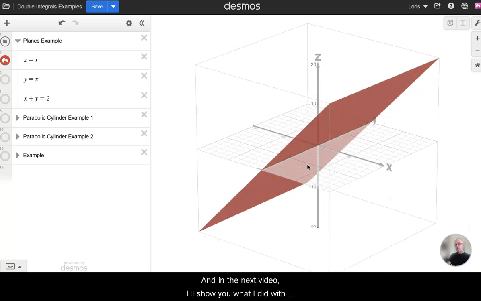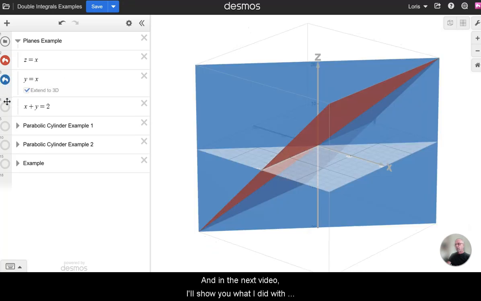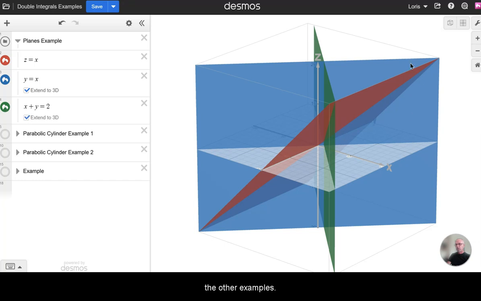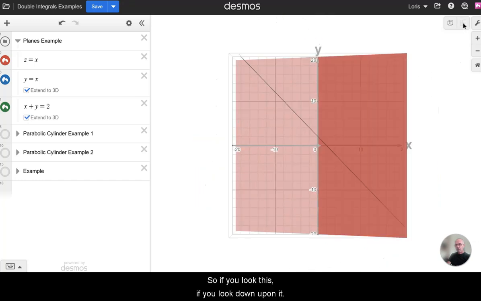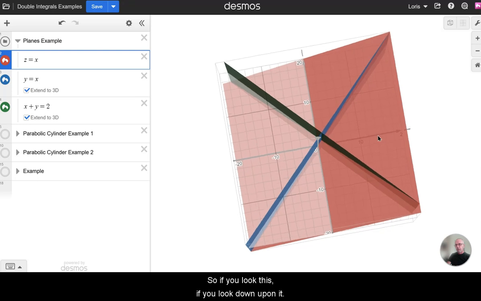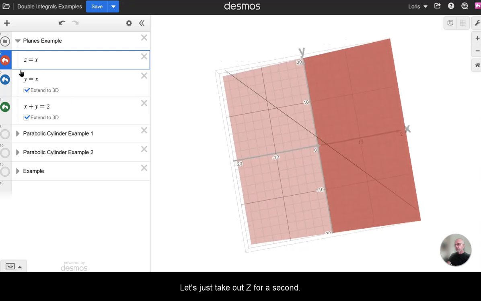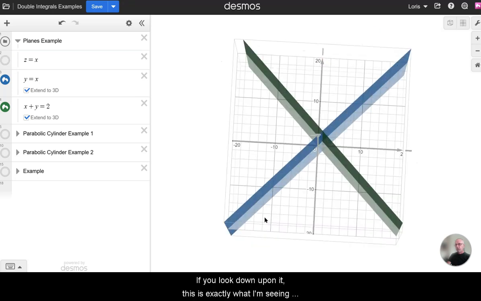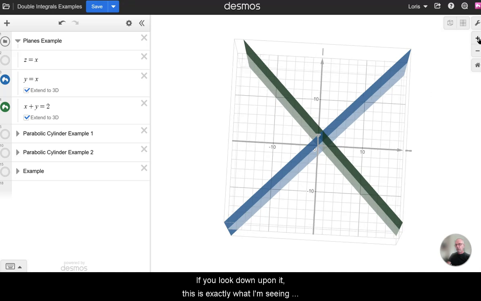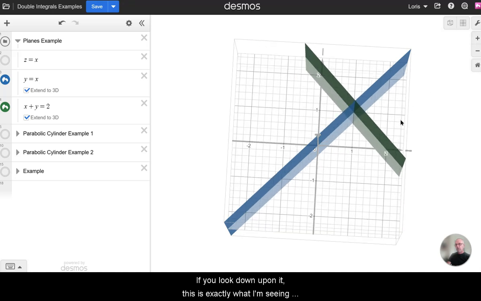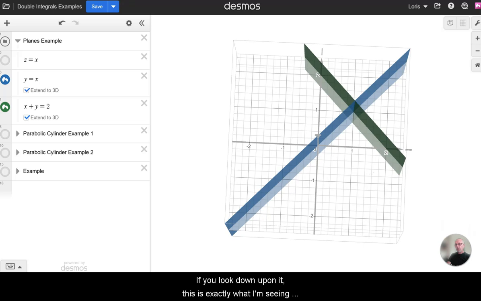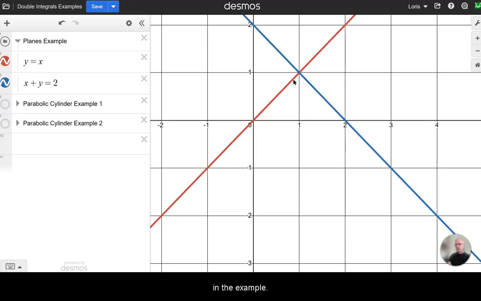And in the next video, I'll show you what I did with the other examples. So if you look down upon it, let's just take out z for a second. If you look down upon it, this is exactly what I'm seeing in the example.